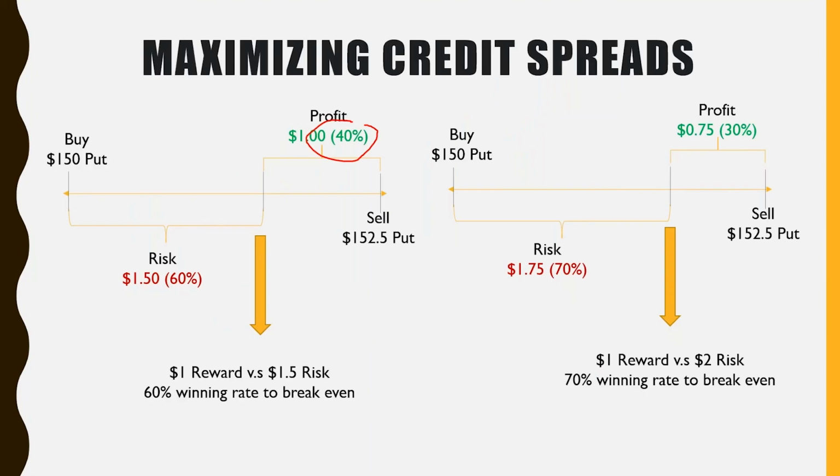This is the scenario of maximizing your credit spread by deciding how much risk we want to take. We can focus on lower risk or higher risk, depending on whether the stock is speculative or more of a directional move that we see. It depends on your risk profile, your taste of risk. Then you decide which one you want to take.